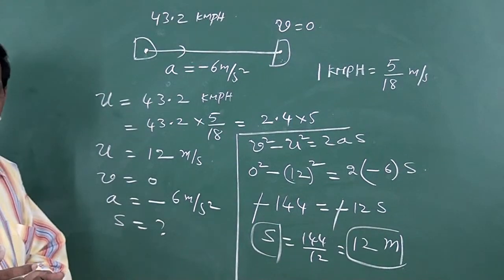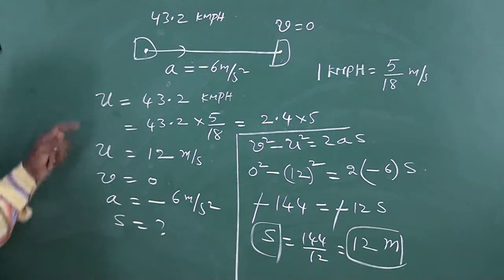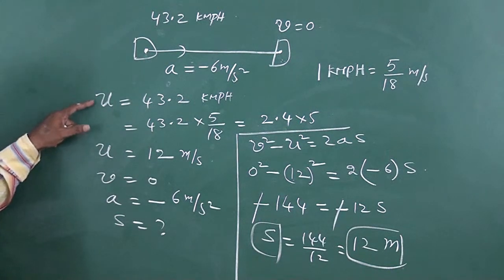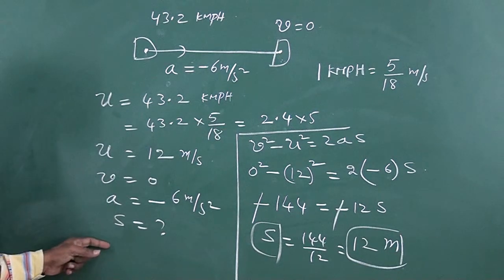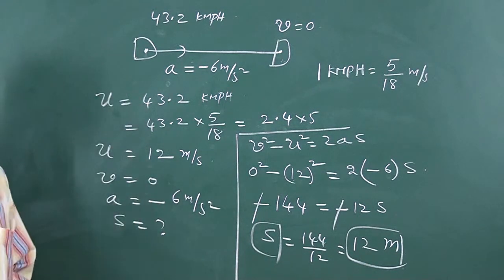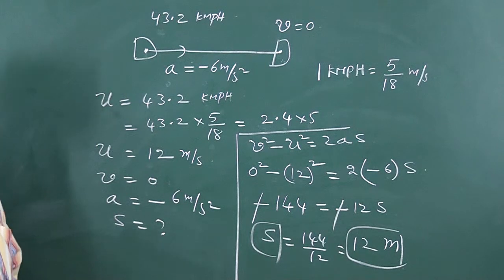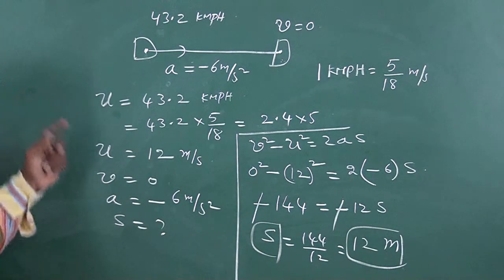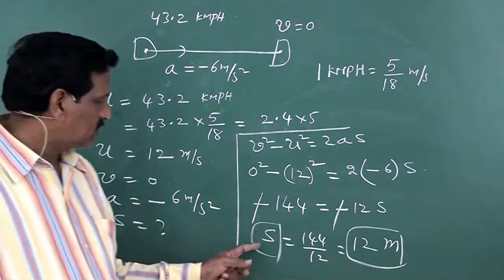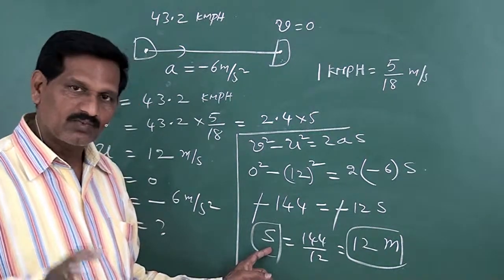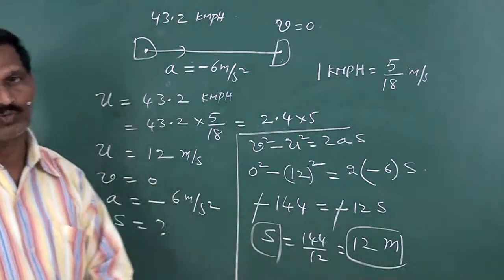For those points you have to write the velocities or speeds, initial and final, acceleration and displacement. Out of 4 parameters, 1 parameter is not known and 3 parameters are known. From those 3 known parameters, you can calculate the unknown parameter using the relevant kinematic equation. Right? Okay. So in this way, the distance traveled by the scooter before it comes to a stop is 12 meter, right?